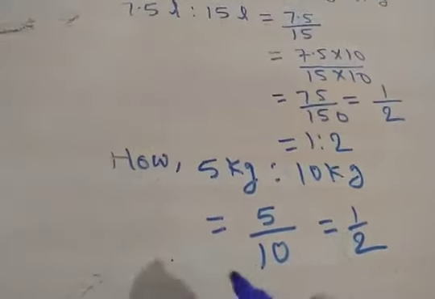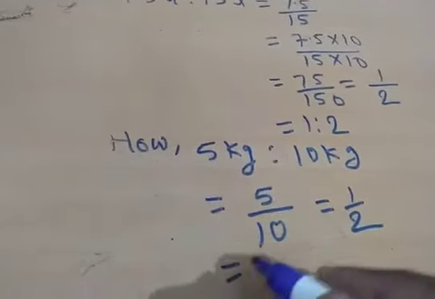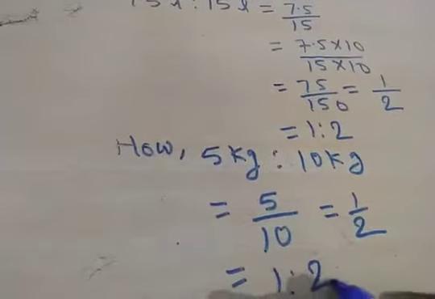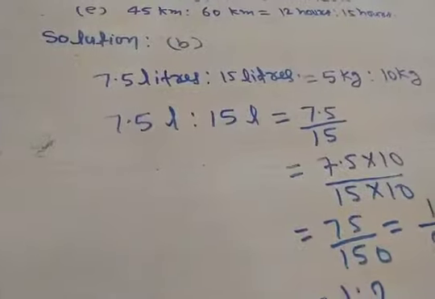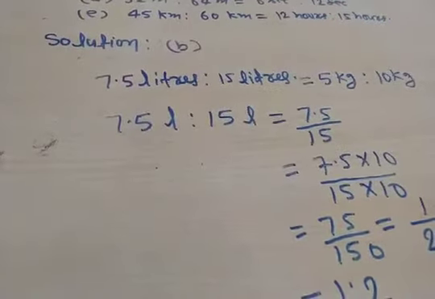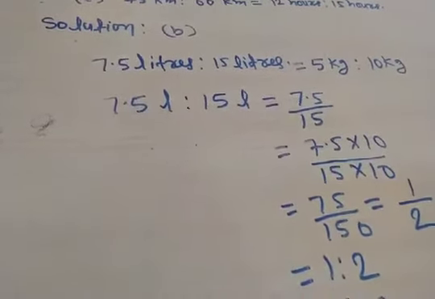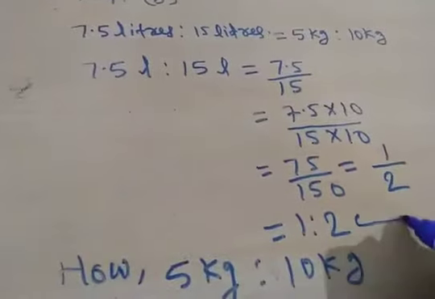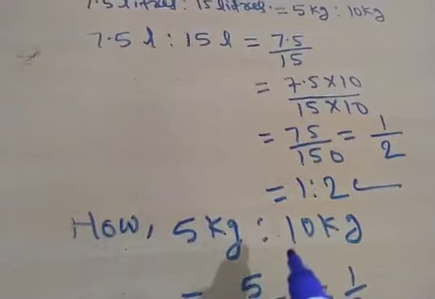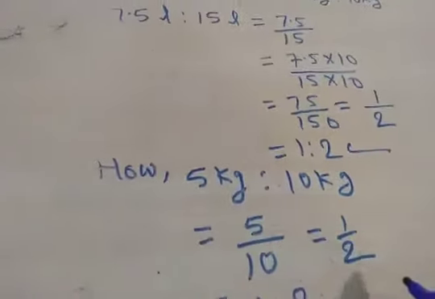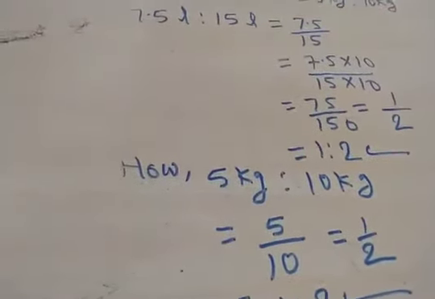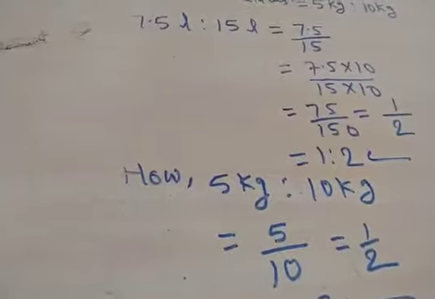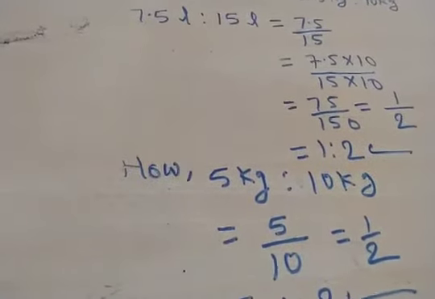Clear? So what is the required ratio? 1 by 2, 1 ratio 2. So here you can say 7.5 liters ratio 15 liters is equal to 1 by 2, and 5 kg ratio 10 kg is also equal to 1 ratio 2. It means that the given ratios are equal, and so they form a proportion. It means that this is true.